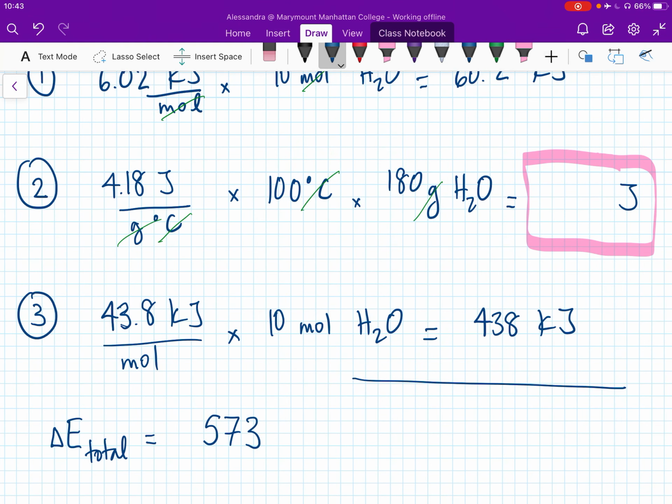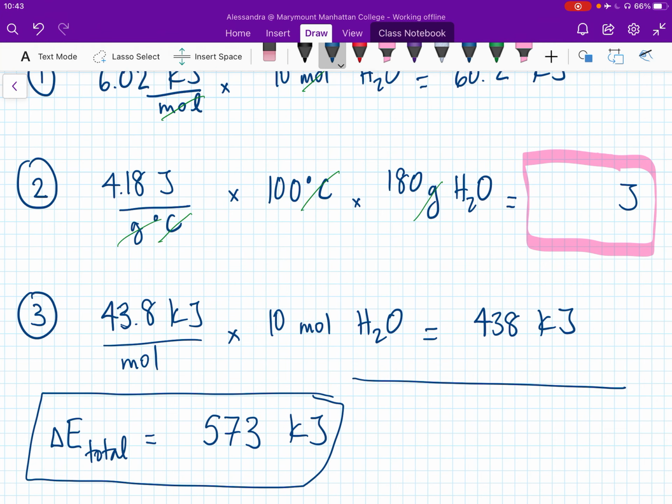I'm going to round it to a whole number, 573 kilojoules. This number happens also to be the heat of sublimation for water. Okay, so I just made you calculate the heat of sublimation for water.